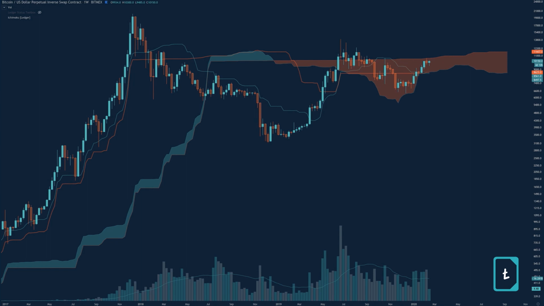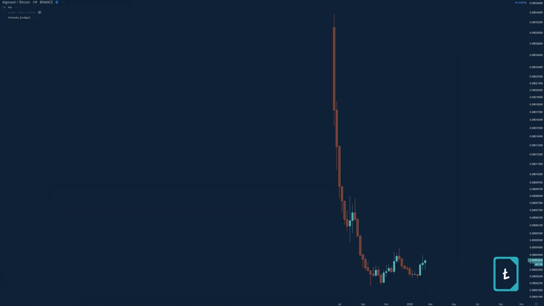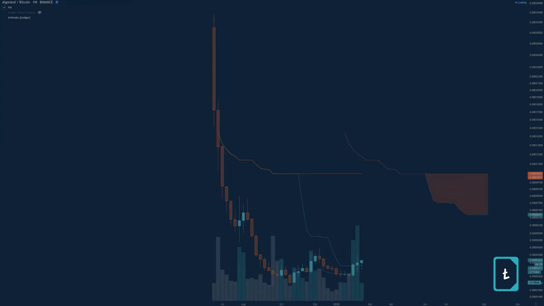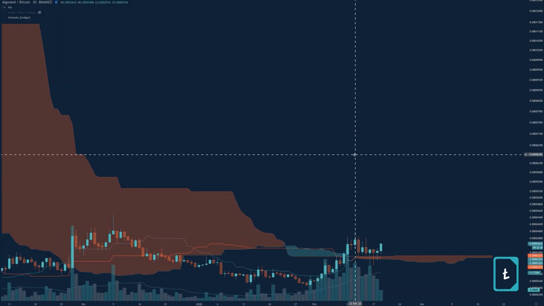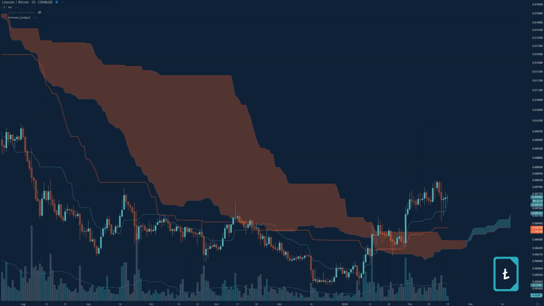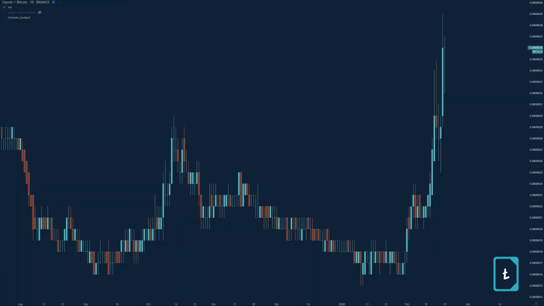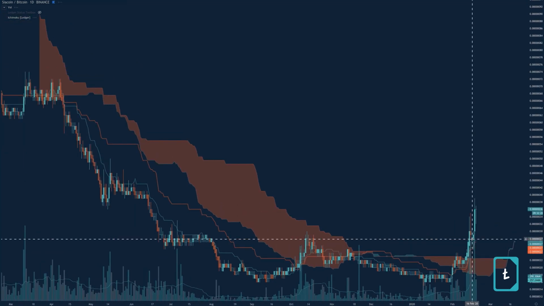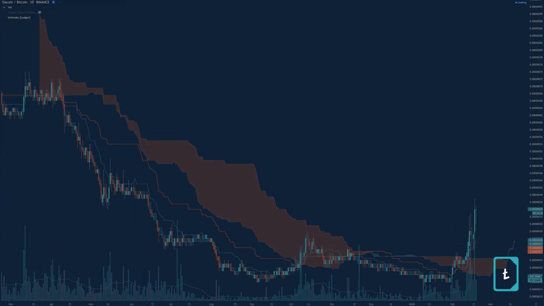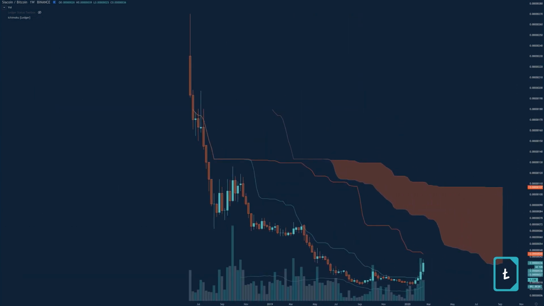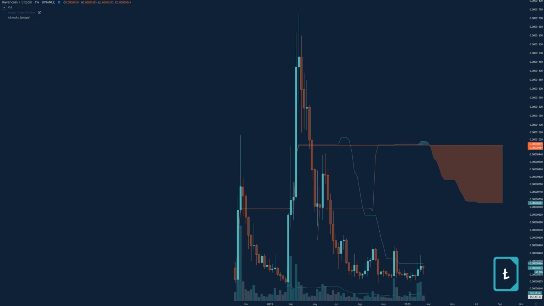What I do love is when I can use two trend following strategies, both of which I find to be very useful, and I can see confluence between them. So if I can see a setup that's a trend following setup where both the cloud and the moving average setups are telling me the same thing, then that gets me really excited.